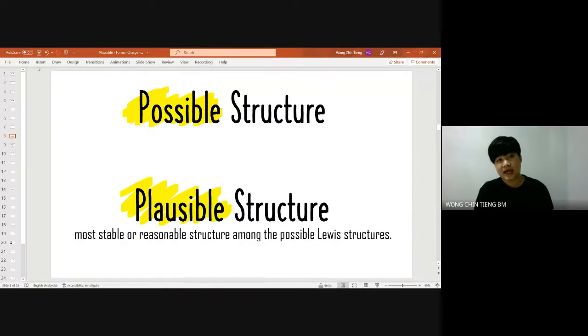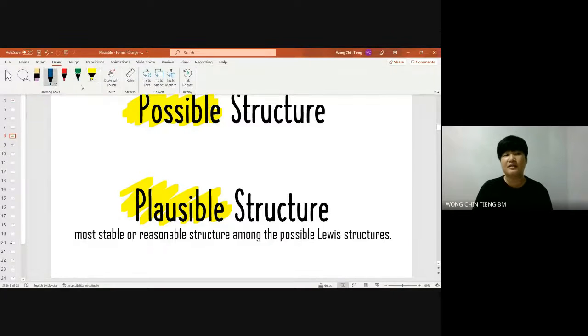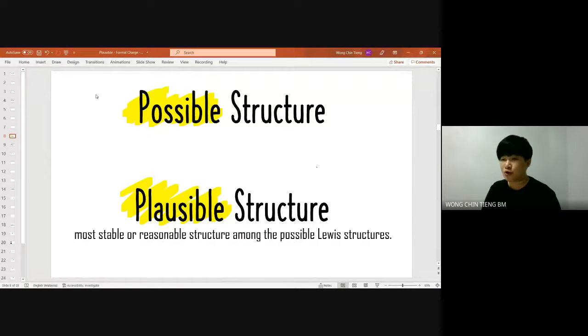Dua perkataan yang lebih kurang sama tetapi membawa maksud yang cukup berbeza. Your possible structure over here, ladies and gentlemen, represent all yang boleh wujud. Possible means yang dia boleh wujud, yang dia memenuhi syarat Lewis structure. Okay, dia boleh wujud.